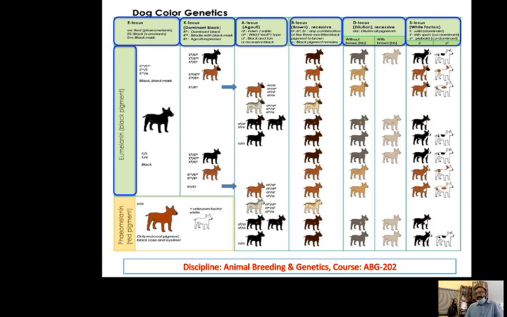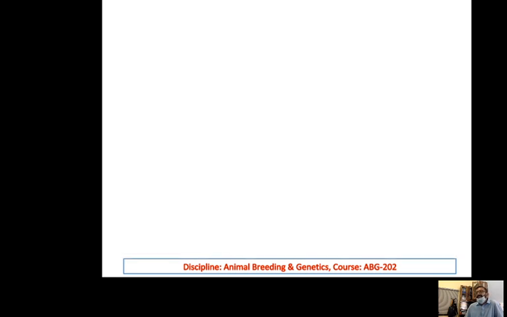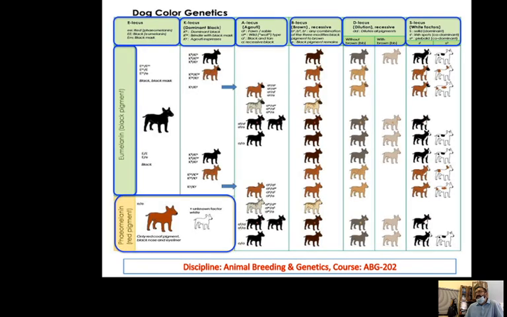So we have black pigment and red. These are basically base colors, and their effects are determined by the other loci given over here. If there are no other interactions, we will get these two types of phenotypes. And when the interactions are there, we will get more different types of phenotypes. You can see this chart, a bit complicated stuff.